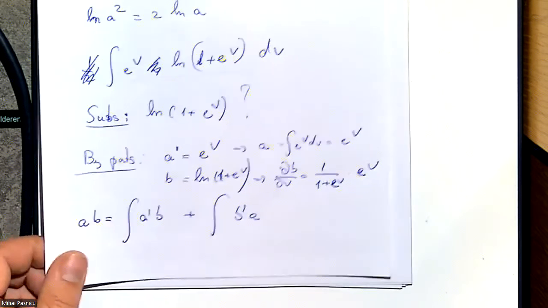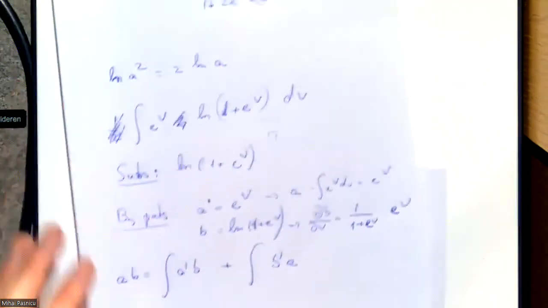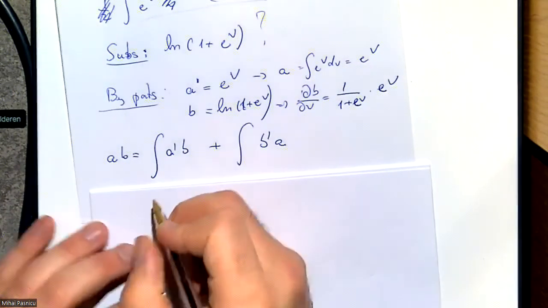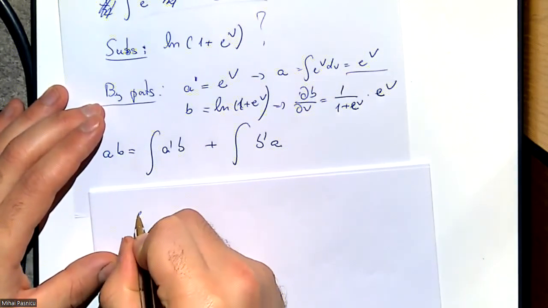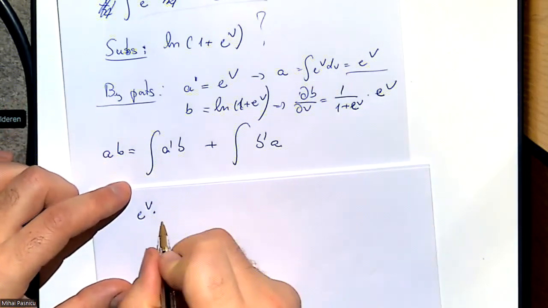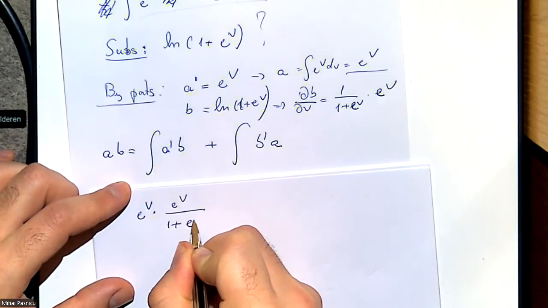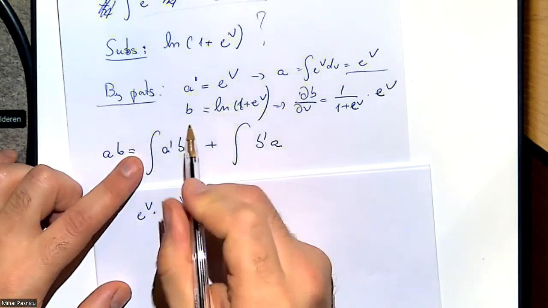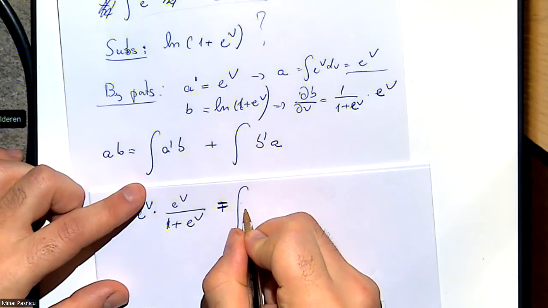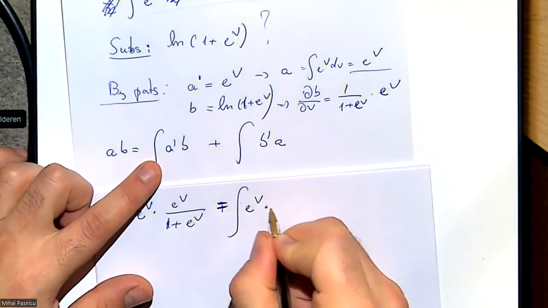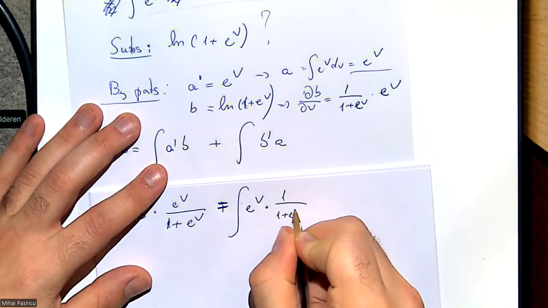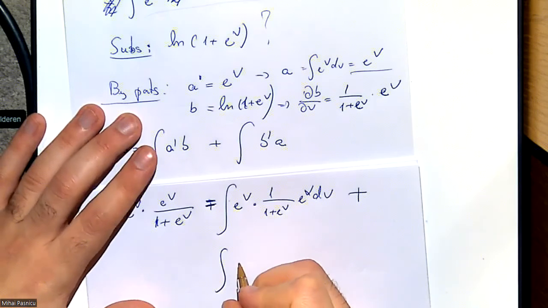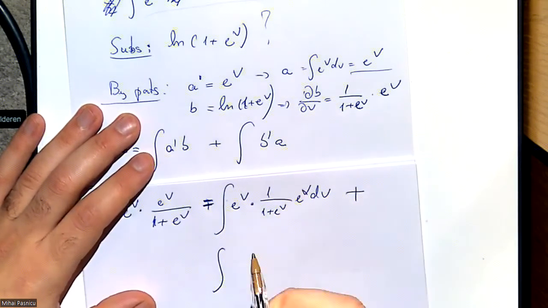Okay. So now what do we get? Let's see. From here, I get A, so e^v, times this thing over here, log of 1 plus e^v, equal to the integral.